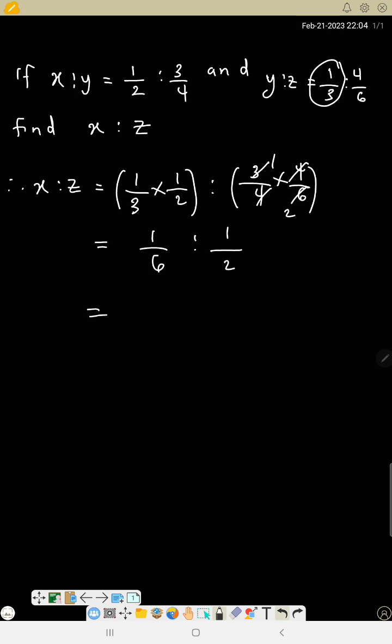So what's the LCM of 6 and 2? LCM is 12. So you are multiplying each by 12. So 6 here 1, 6 here 2. So that will be 2 ratio 2 here 1, 2 here 6, 2 ratio 6. And you can actually reduce this. That is 1 ratio 2.